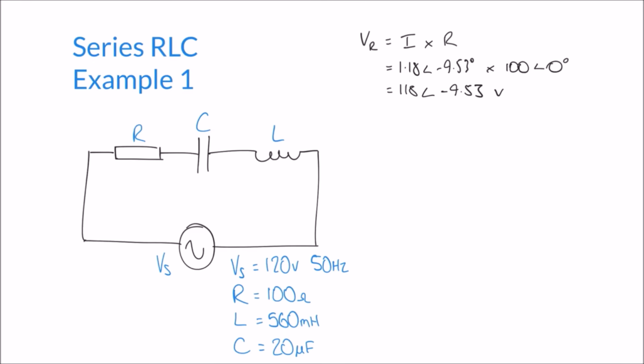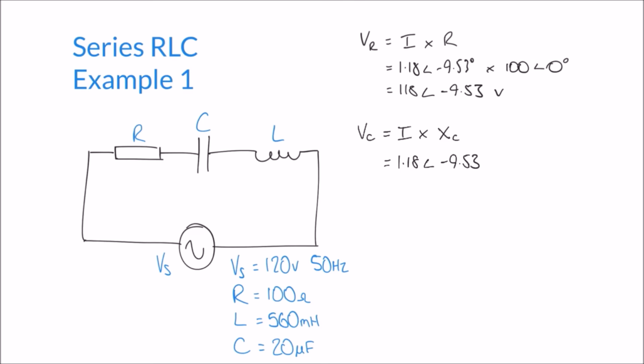Let's do exactly the same for the capacitor in our circuit. So VC, the voltage across the capacitor, is again going to be I, the current, multiplied by not the resistance this time, but reactance XC, the reactance of the capacitor. And so we can substitute our values in once again. We can say the current is the same current, 1.18 at an angle of minus 9.53.